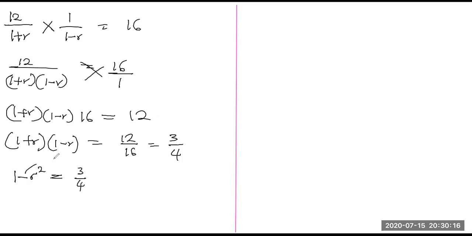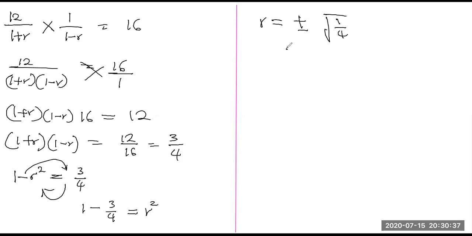So minus R squared comes over here and becomes plus, and this one goes over there and becomes minus. So 1 minus 3 over 4 is equal to R squared. Our R is equal to plus or minus the square root of 1 minus 3 over 4, which gives 1 over 4.